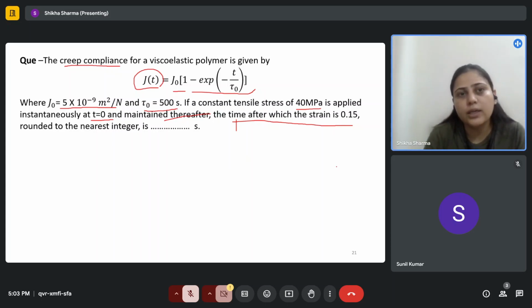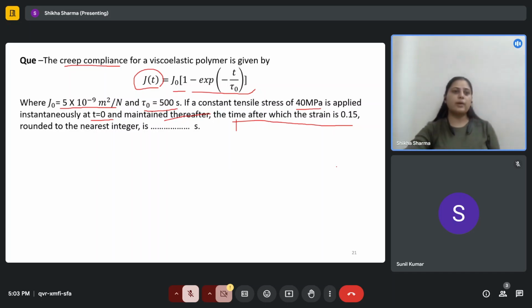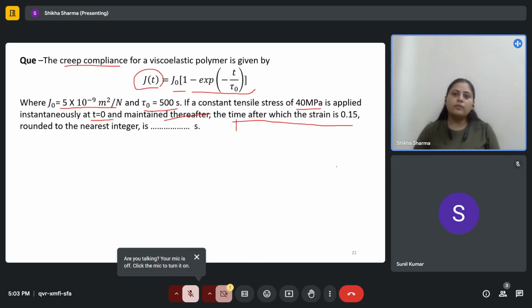We have the creep compliance of a viscoelastic polymer given by this equation, and these are the different values given, and we need to calculate the time after which the strain value will be 0.15.